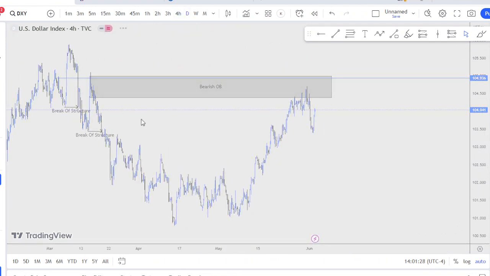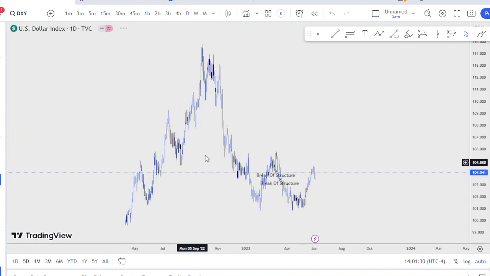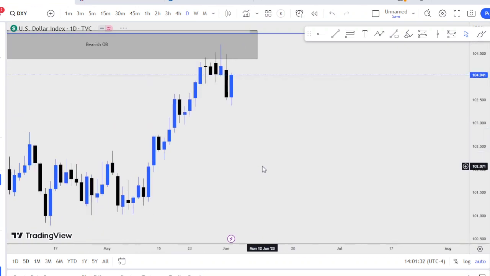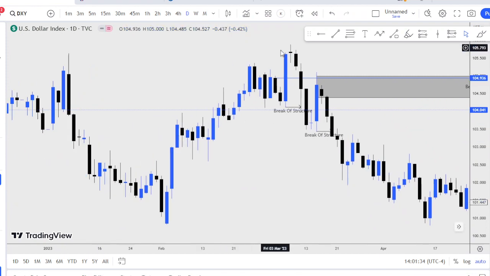Even this order block is very much visible in the daily time frame. You can see there was this movement all the way from this area, and it went back to this order block, respecting the 50% of this bullish candle, which was respected because it had broken this low, and the market had retraced back to the order block.